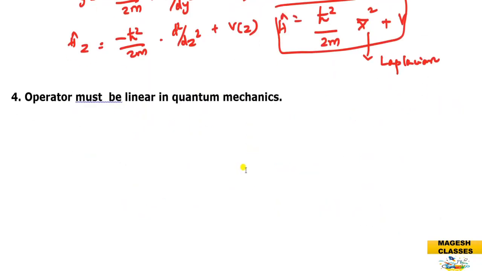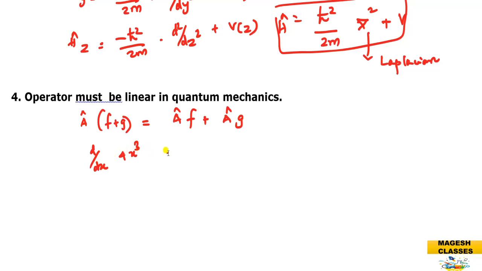Then our fourth property: an operator must be linear in quantum mechanics. The operator on the function f plus g is equal to the operator on f plus the operator on the other function g. So one more example, d by dx of 4x cubed.